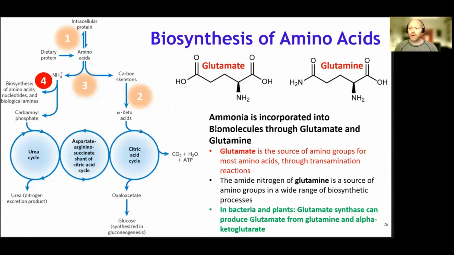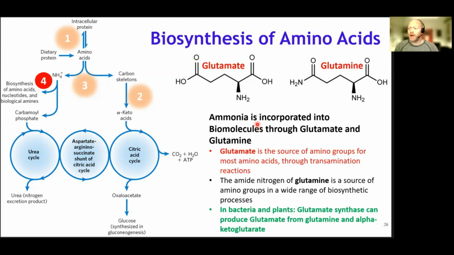Welcome back to part 4 of the lecture concerning the biosynthesis of amino acids. As I have been fond of mentioning, glutamine and glutamate are carriers and donors of nitrogen for biosynthesis in our organisms.